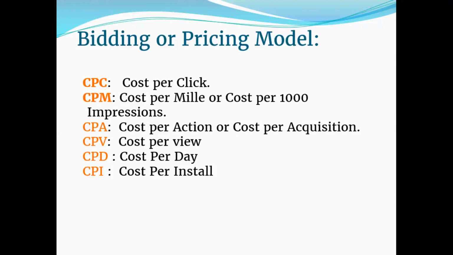Once 500 is spent, it will be closed, or we can finish at up to 400. Last one, CPI, cost per install: per app, how much we can bid per install. We can use this pricing model. In total there are 6 models you can use to create your ad.